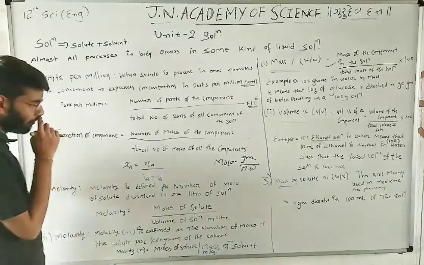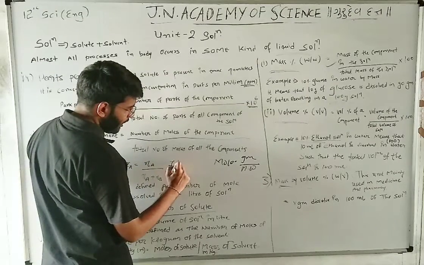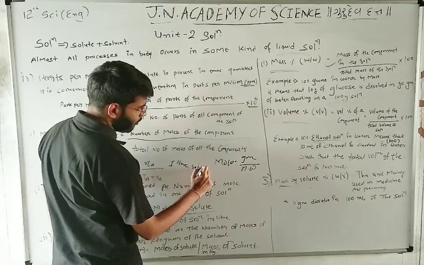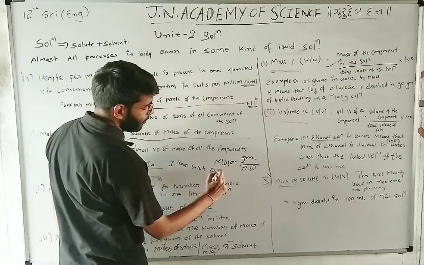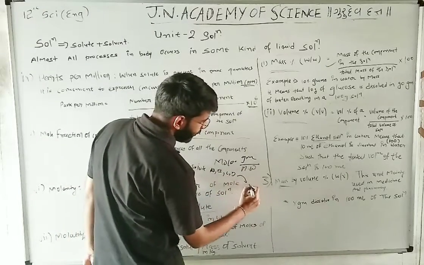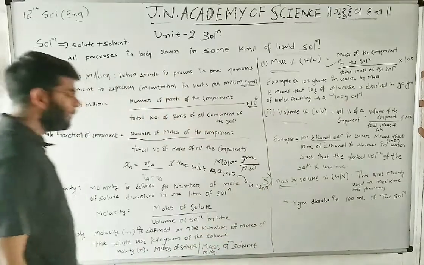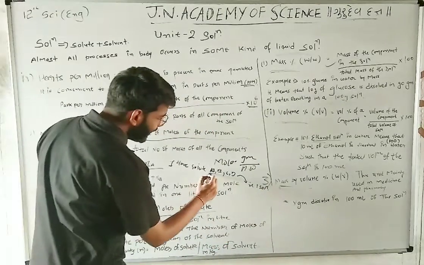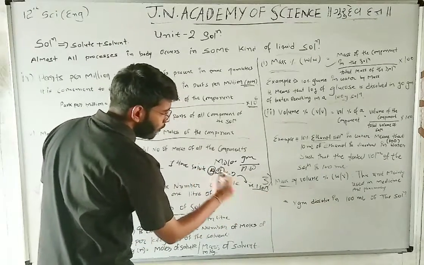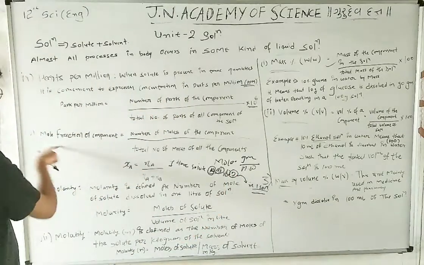It means if I have solutes A, B, C, D in one solution, मैं कैसे पता करूंगा कि A के अमाउंट इन सॉल्यूशन में कितनी है, B के अमाउंट इन सॉल्यूशन में कितनी है, C के अमाउंट और D के अमाउंट. तो उसके लिए है मोल फ्रैक्शन.